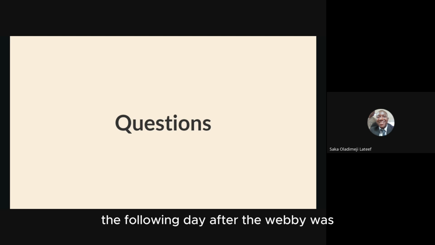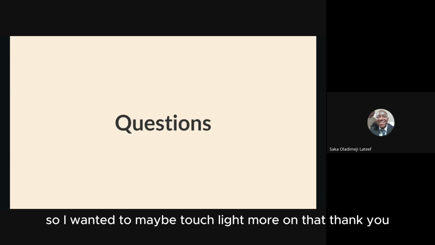The following day, after the waybill was given to me and it was taken to DHL for further processing, I immediately got a notification on weight discrepancy that the package had increased from 4 kg declared to 5.5 kg. So I was really mad at that. I wouldn't know how that was gotten, but I was told that they got it through their dimensional figure. So I want you to maybe touch more on that. Thank you.